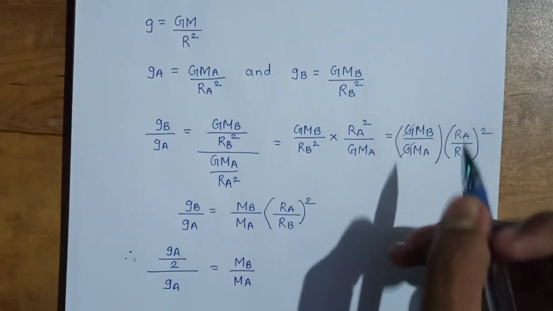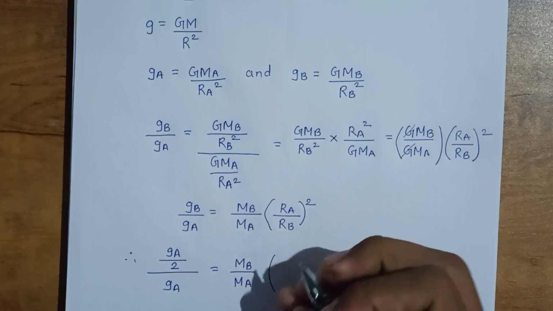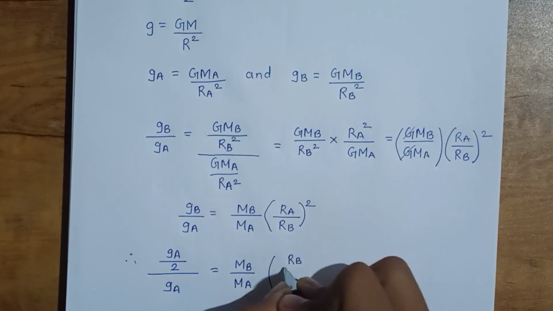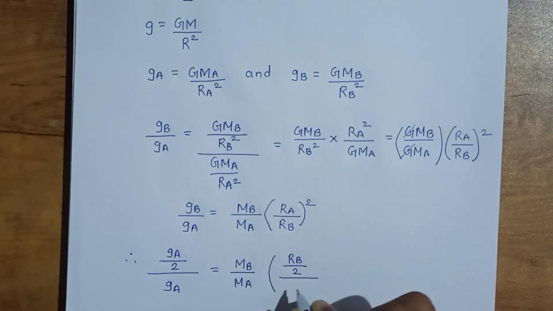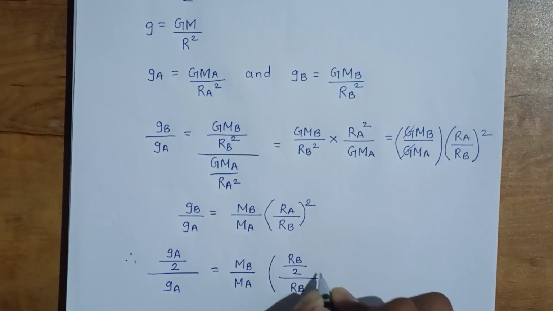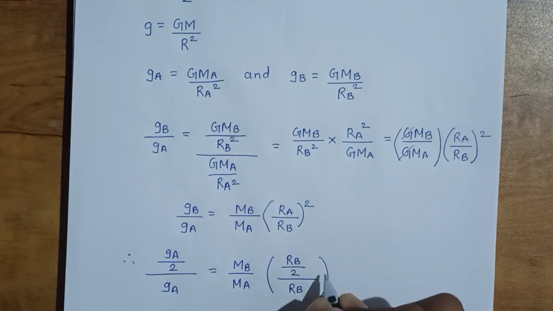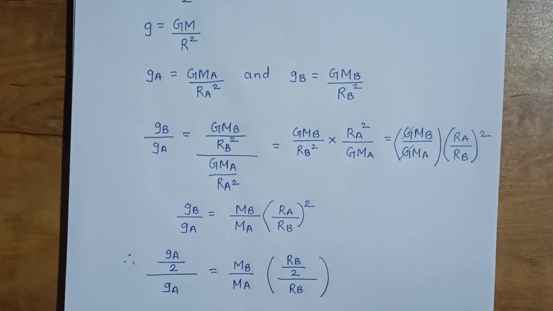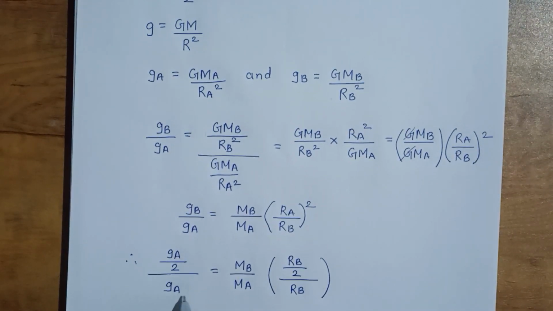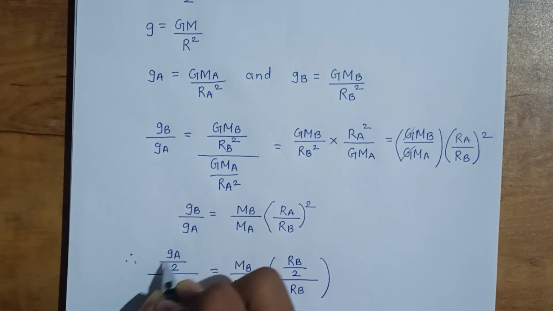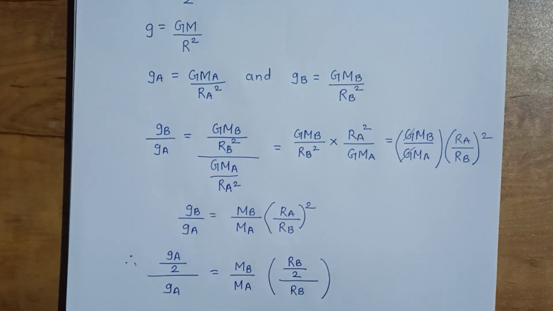So we will substitute that value of RA, that is RB by 2 divided by RB. Okay, so here RB and RB will get cancelled. Here 1 by 2 will be remaining, and here similarly GA and GA will get cancelled, and 1 by 2 will be remaining.